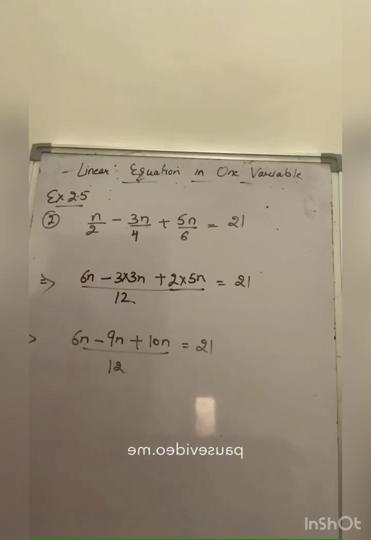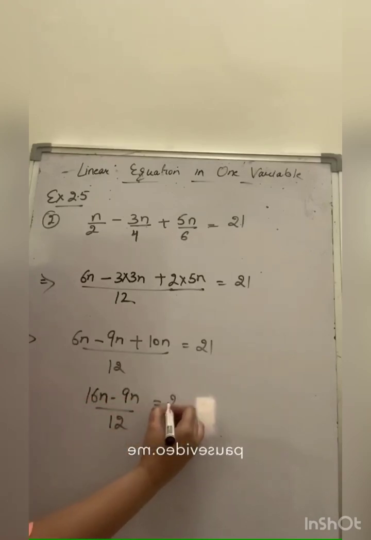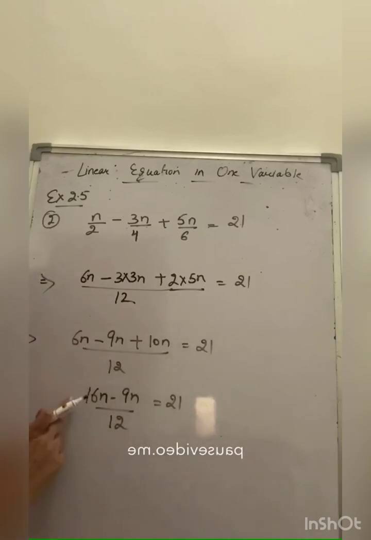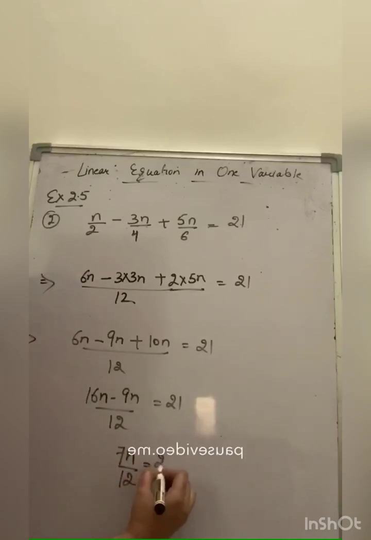Now all the terms are like, so 10 plus 6, 16n minus 9n over 12 is equal to 21. Then 16n minus 9n is 7n over 12 is equal to 21.